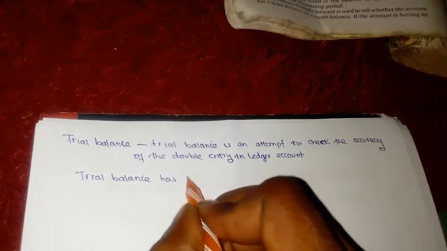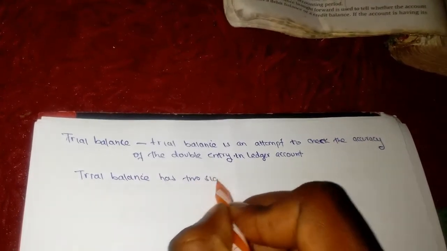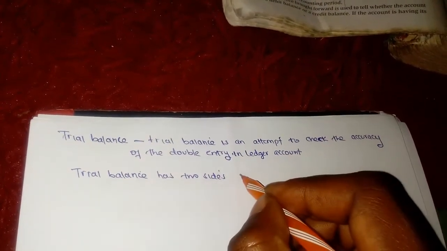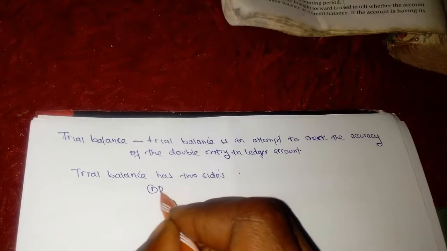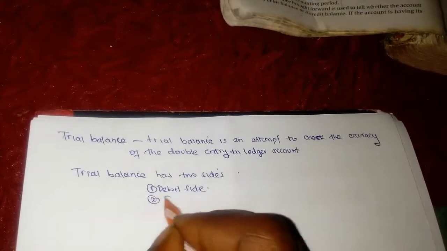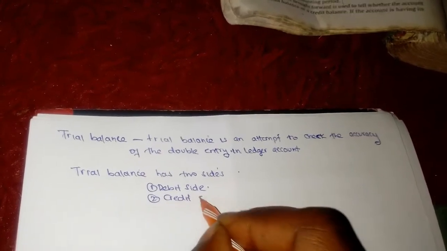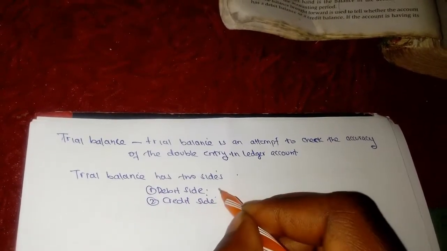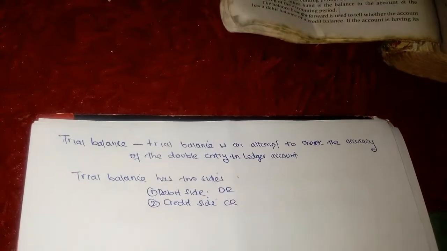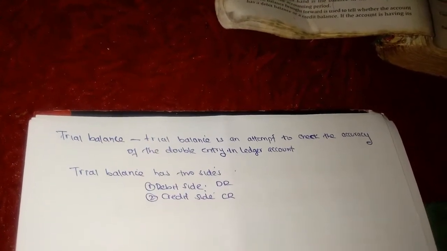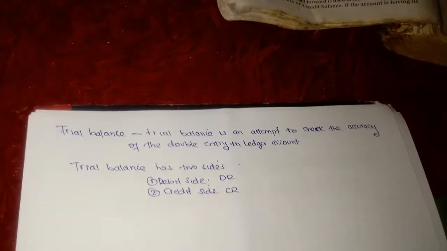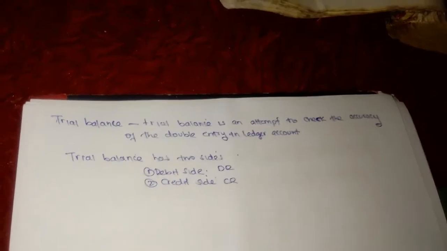The debit side we use DR, and the credit side we use CR. Those are the sides that are present in a trial balance.